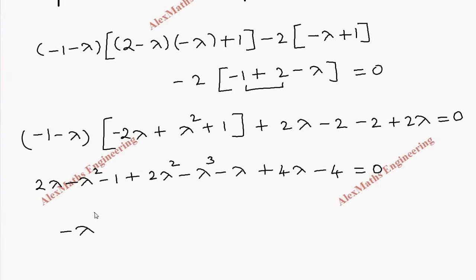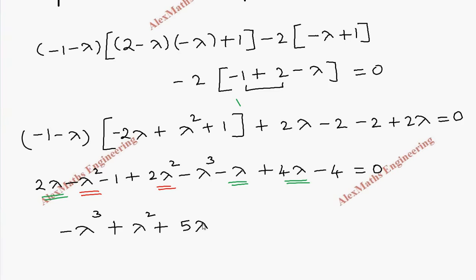First we write the lambda cube term, so minus lambda cube. Apart from this, we have lambda square in these two places. When we combine, it will become plus lambda square. Then when I am combining the lambda term, we have 2 lambda, then minus lambda, then 4 lambda. So 2 minus 1, which is plus 1, then plus 4 lambda gives plus 5 lambda.